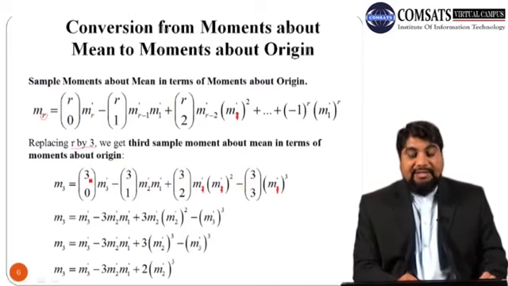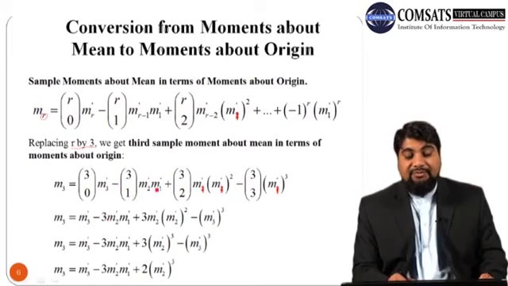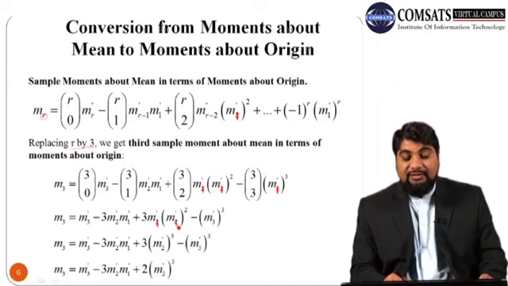So next, 3c0 is 1, so m3 dash, then 3c1 is 3, so minus 3 times m2 dash m1 dash. Then 3c2 is again 3, and we have m1 dash as it is, and m1 dash whole square. So 3c3 is 1, so minus as it is, and here we have m1 dash whole cube.